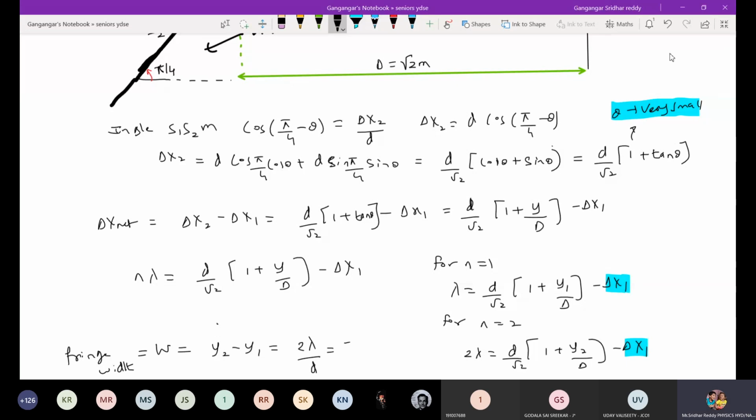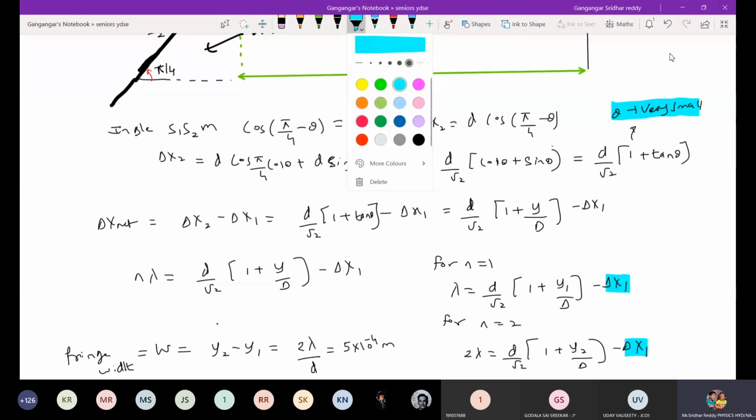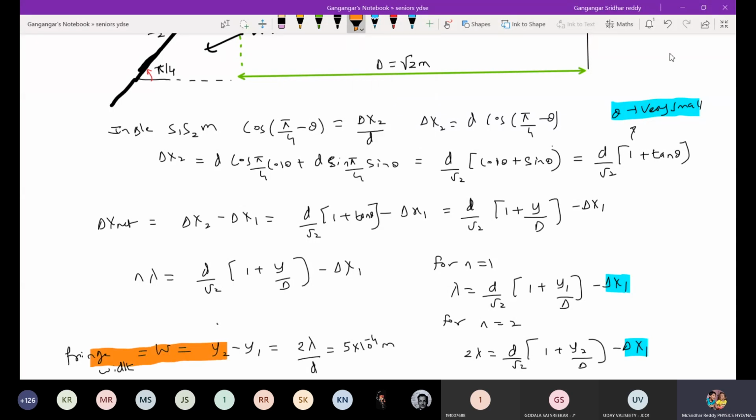Anybody answer? 5 into 10 to the power minus 4. Minus 4 meter. 0.5 millimeter. Okay, yeah. Now, it can be asked in advance. You see, that doesn't require much mathematics also. Some simple ideas based.